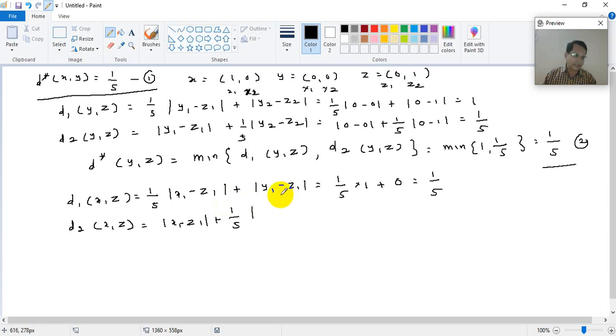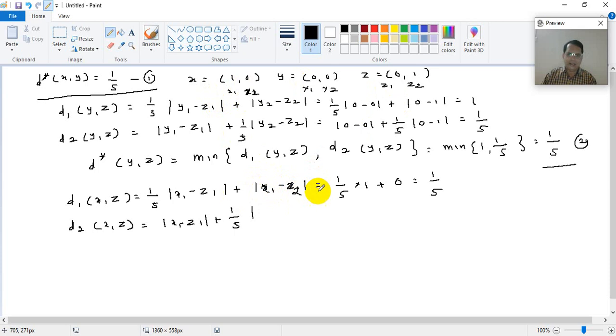I think here we have made a mistake. It should be x2 minus y2. So what will that be? See, we want the difference between y coordinates. So here what will be the y coordinates of x and z? It is 0, that means x2 and here z2. So if I have made some error, we will improve it. Okay, so what will that be? This is x1 minus z1 plus the difference between y coordinates. Now the y coordinates of x and z, so it means x2 and z2. So this should be x2 minus z2.